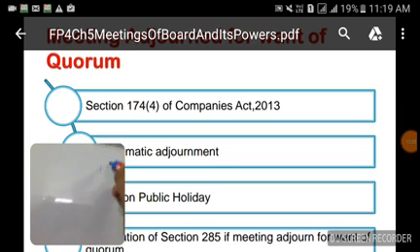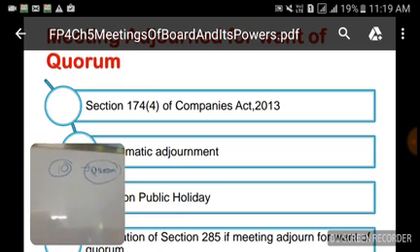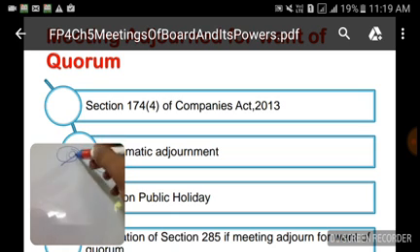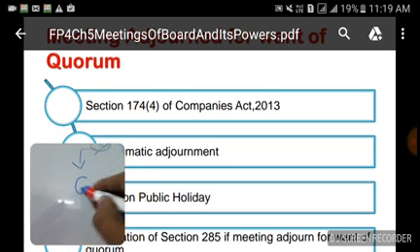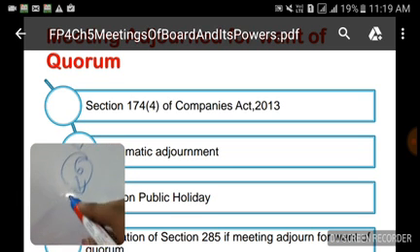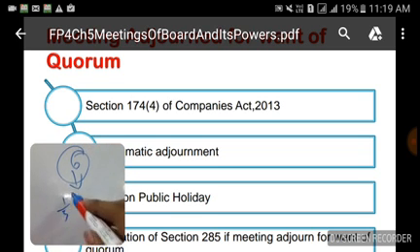Quorum will be checked at the first stage itself. When the directors are present in the board meeting, the first step is counting the quorum. Suppose 10 items have to be transacted, and for 6 transactions the quorum is present, that is 1/3 of total directors or 2, whichever is higher.